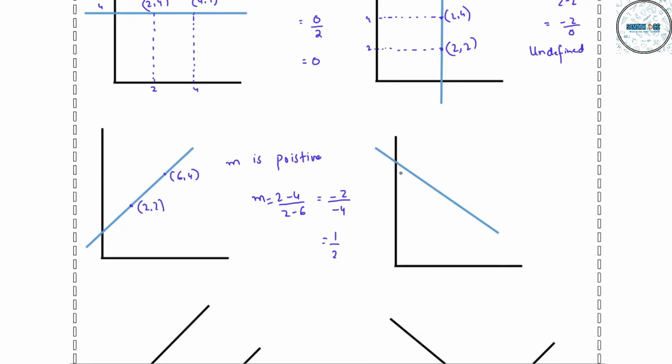When we have a line like this, then it has a negative gradient. We say it is negatively sloped.